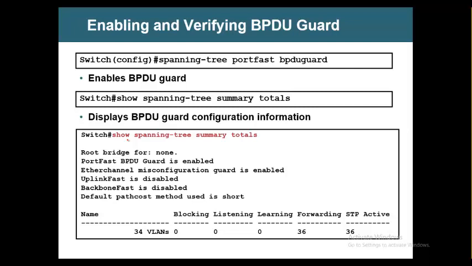When you say spanning-tree portfast bpduguard default, all the port fast enabled interfaces will have BPDU guard. Where do you enable port fast? On the access ports, the ports where the end devices are connected, not on the ports where switches are connected.